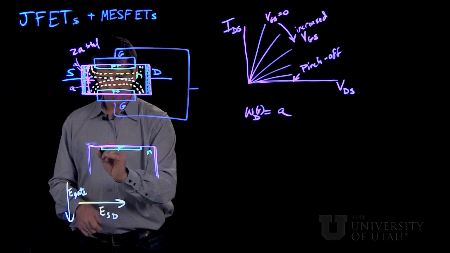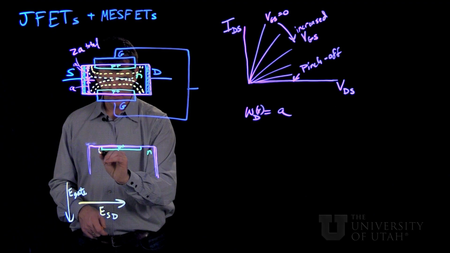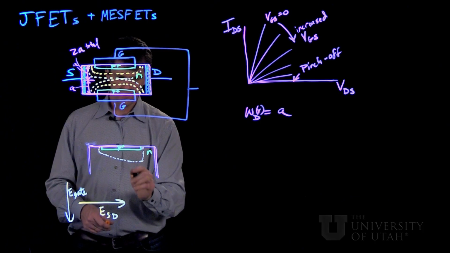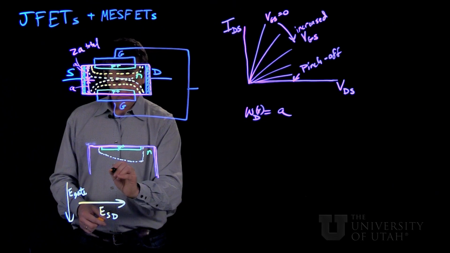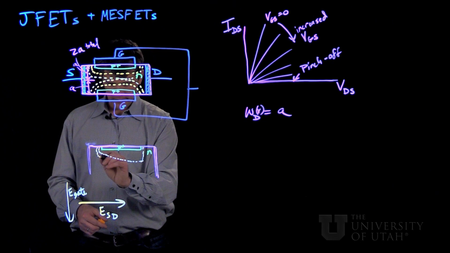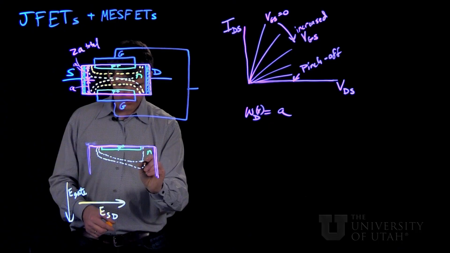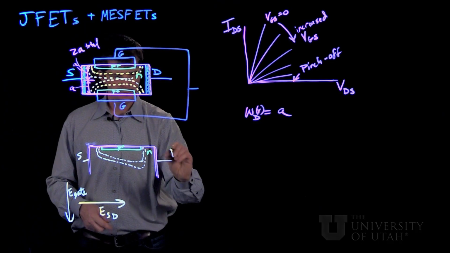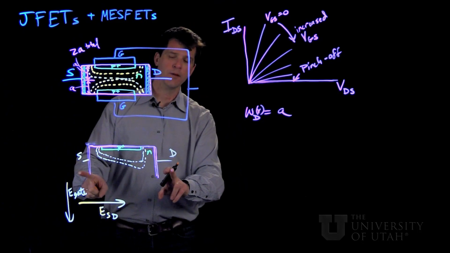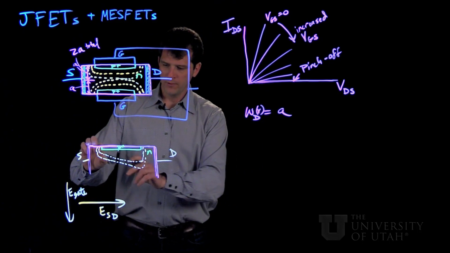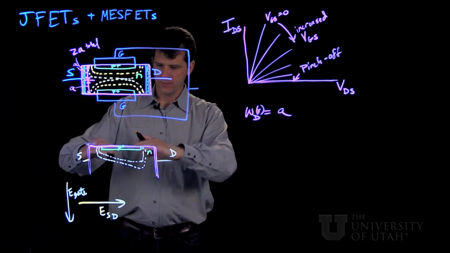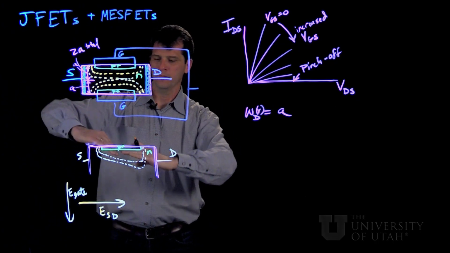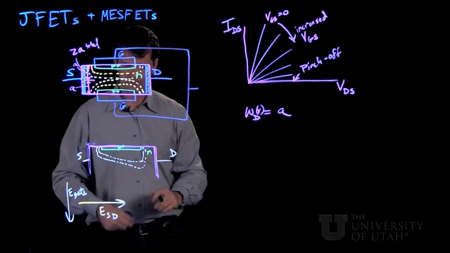And so the contours of equipotential become slanted like this. Especially as higher and higher source-drain voltages are applied, the depletion width will distort from sort of rectangular in shape to sort of almost triangular in shape.